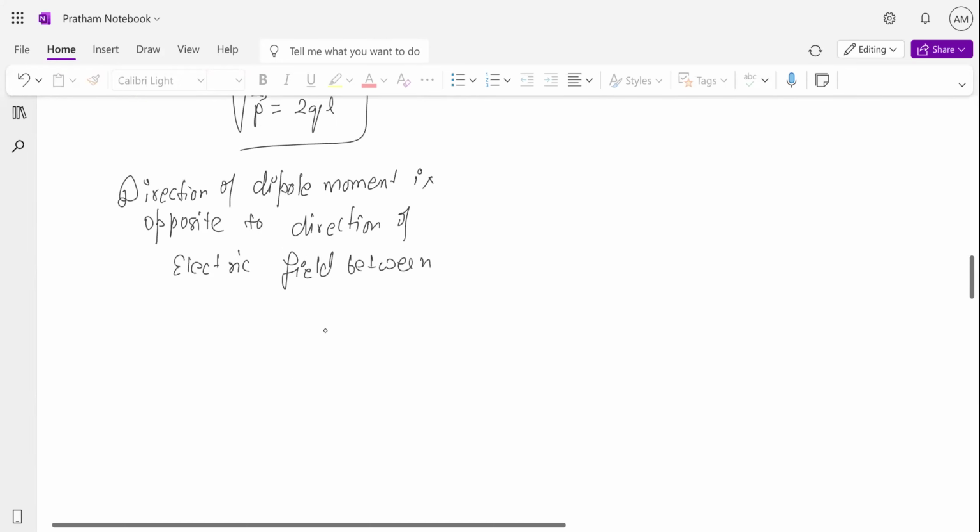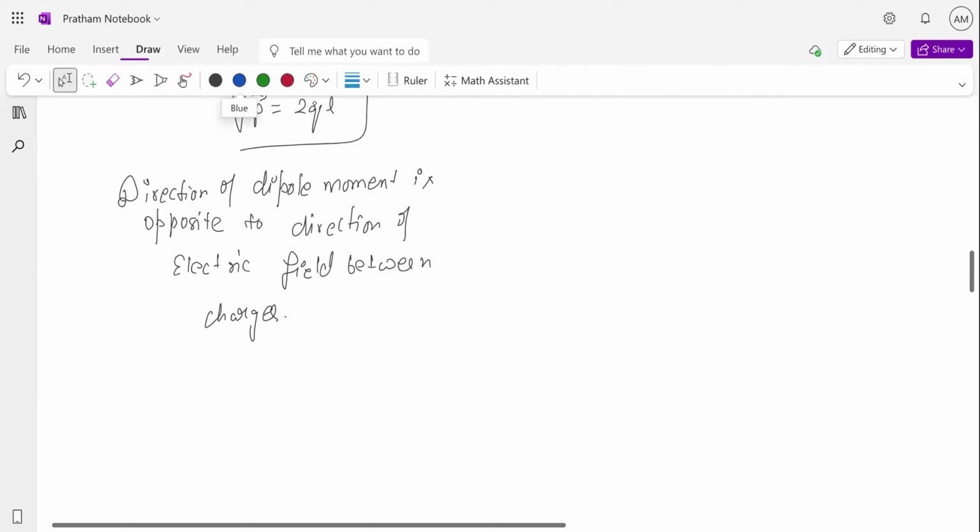These things you have to keep in mind. All right, this is an important part we discussed. If I ask you what is the SI unit of it, it is charge times length, so it will be basically coulomb meter, not per meter. It's just coulomb meter.